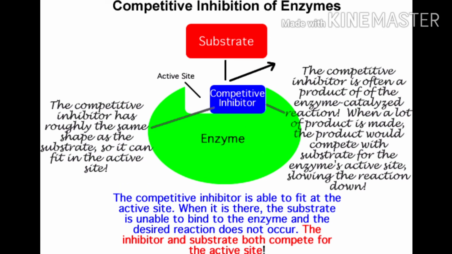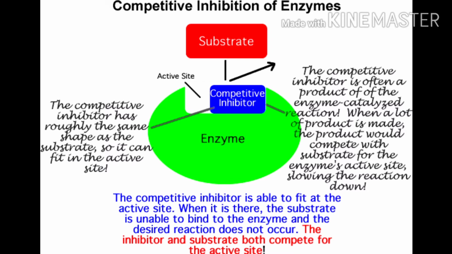As you can see here, the competitive inhibitor is often a product of the enzyme catalyzed reaction. When a lot of product is made, the product would compete with the substrate for the enzyme's active site.